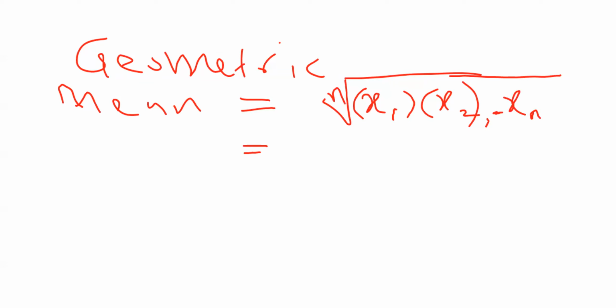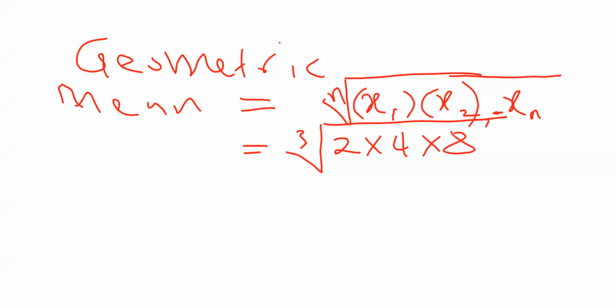Assuming the numbers were 4, for instance, 1, 2, 4, 8, I'll multiply all, and n will now be 4. So in this case, we have only 3 numbers. The cube root of 2 times 4 times 8, and that will become the cube root of 8 times 8, which is 64.